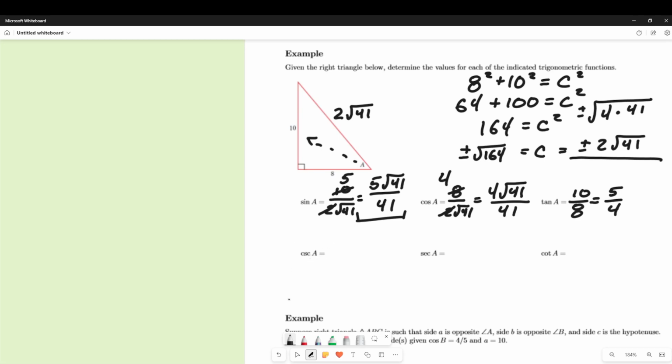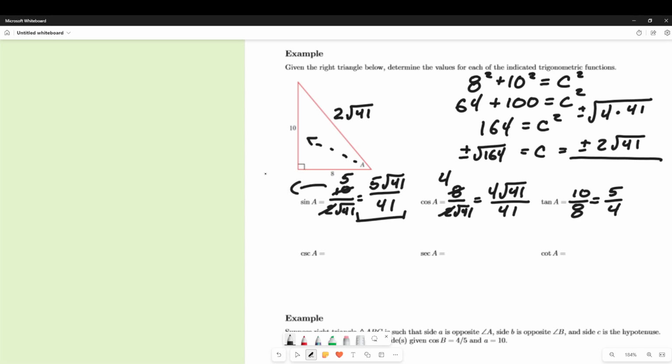Now, cosecant. Again, we could go back up and look at what cosecant is, hypotenuse to opposite, but also remember it's just the reciprocal of sine. So we could take the reciprocal of this and then re-rationalize it, but I'm tempted to just look here.